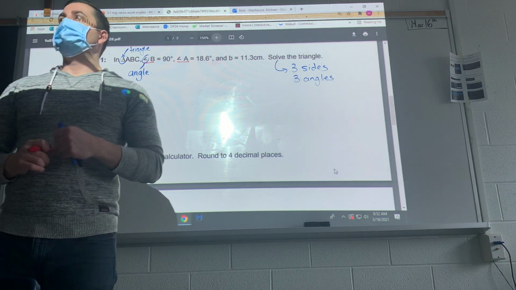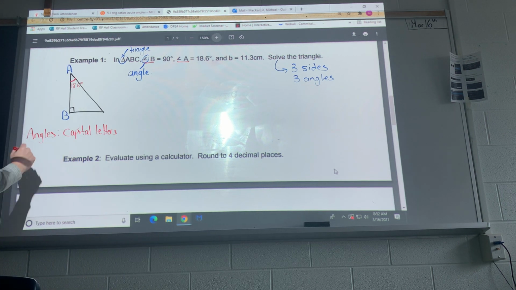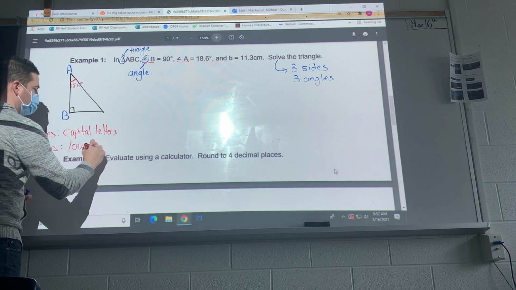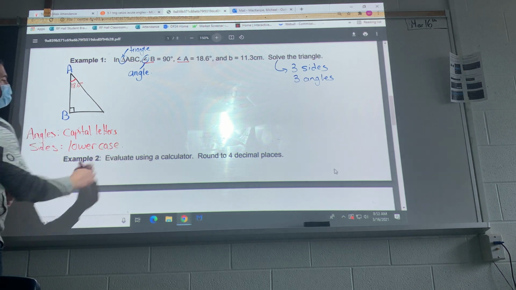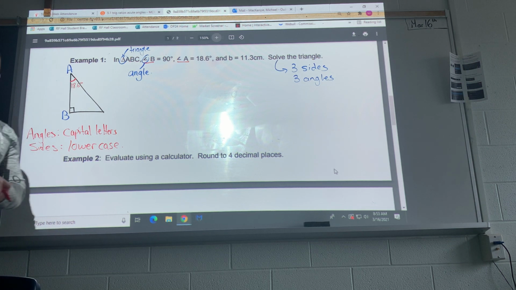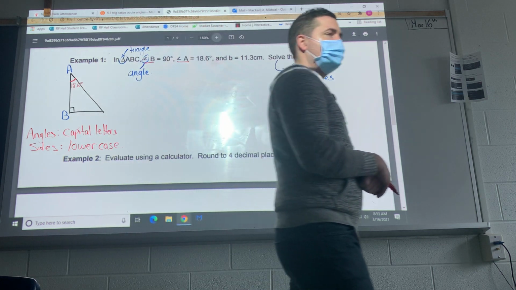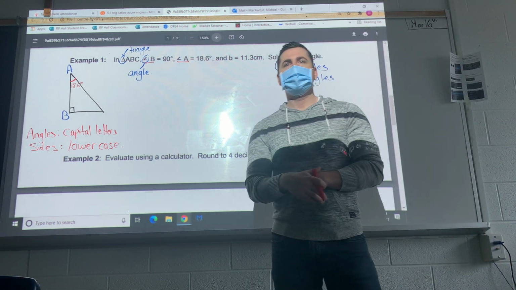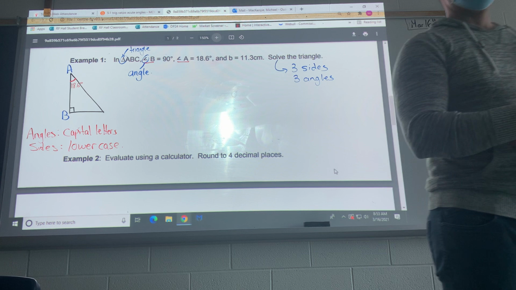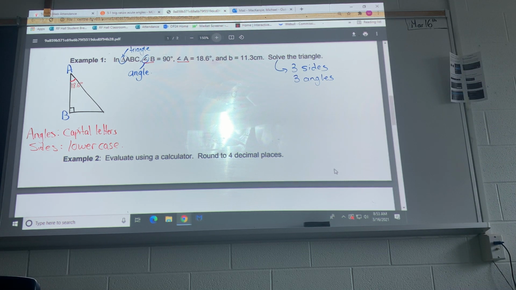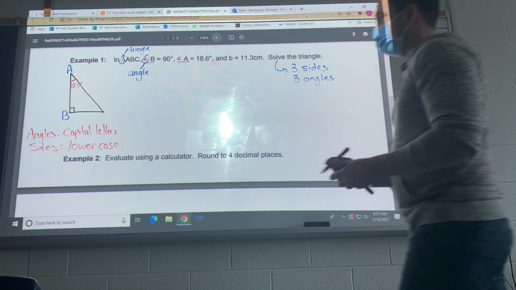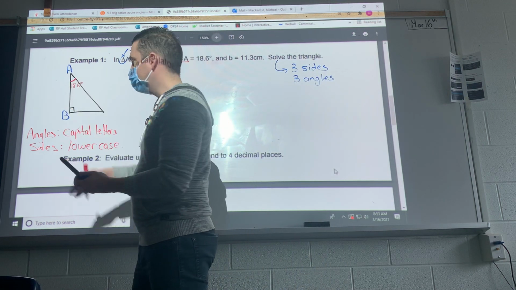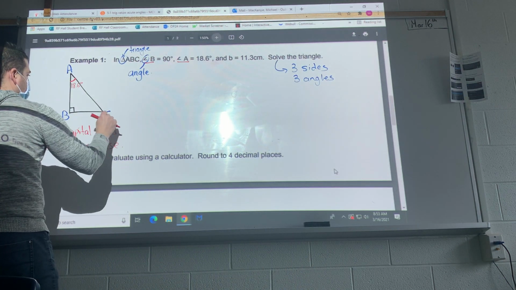When we are talking about sides, it's lowercase. Okay, angles, capitals, kind of rhymes. Capitals and angles, lowercase is sides. Okay, so we have A, B, that means our last one has to be C.